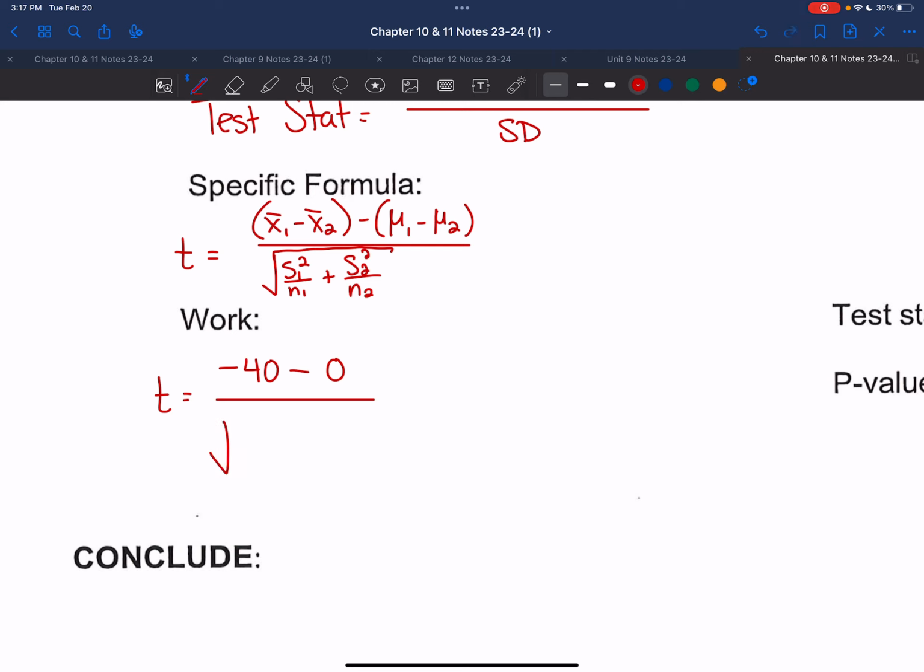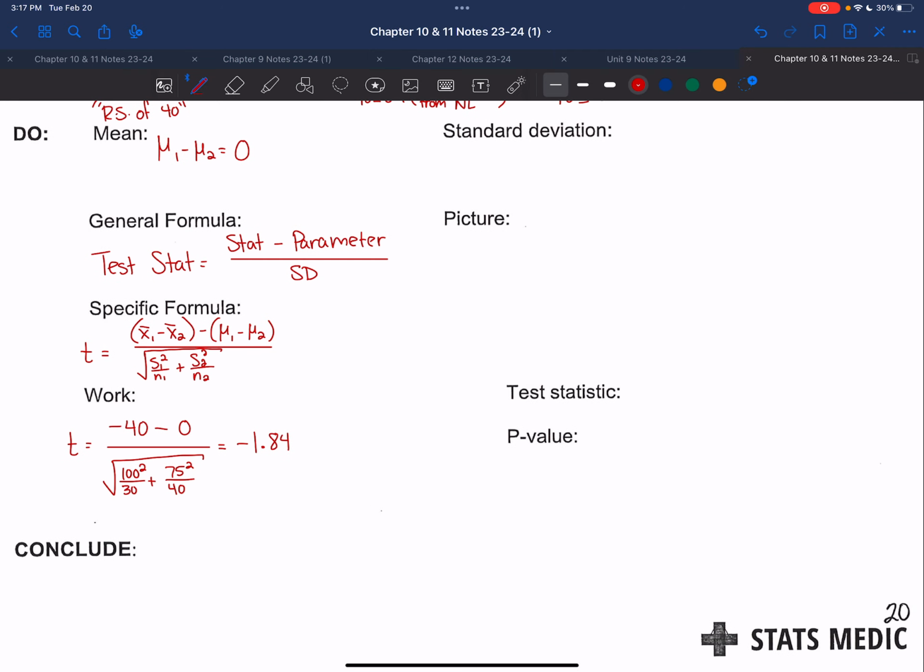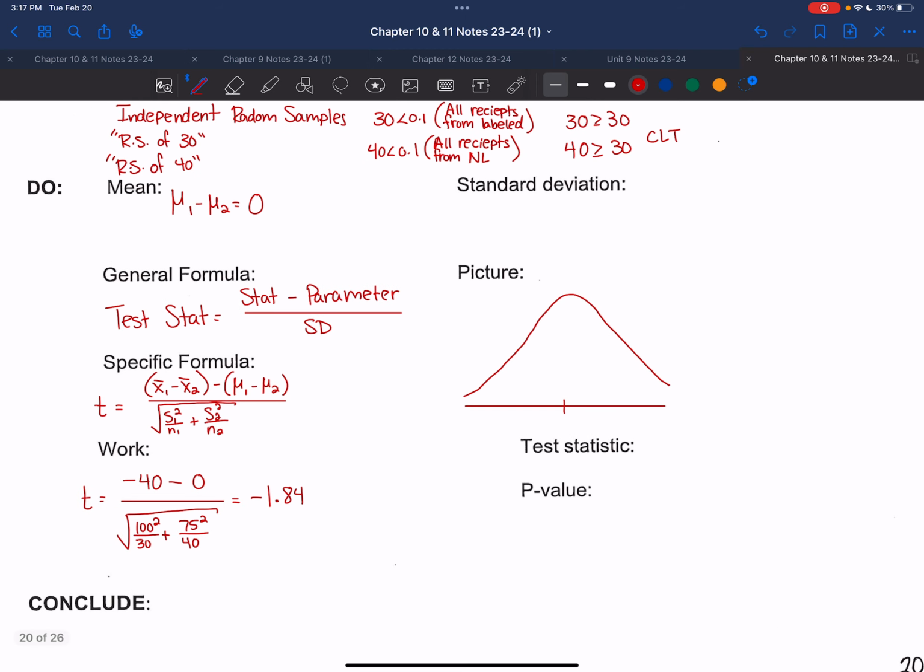So I'm going to have the square root of 100 squared over 30 plus 75 squared over 40. If I plug all of this in, I'm going to get a test statistic of negative 1.84. So if I draw a picture of this, I've got my distribution. In the middle, I'm going to write a standardized graph. So in the middle, I'm going to have 0. And then right here, I'm going to have negative 1.84.